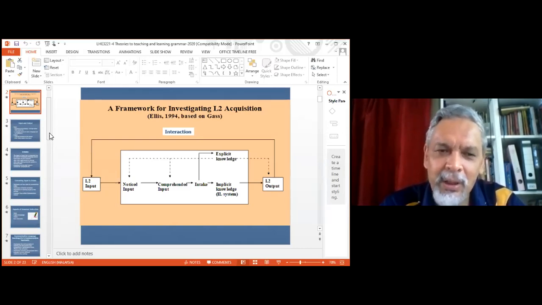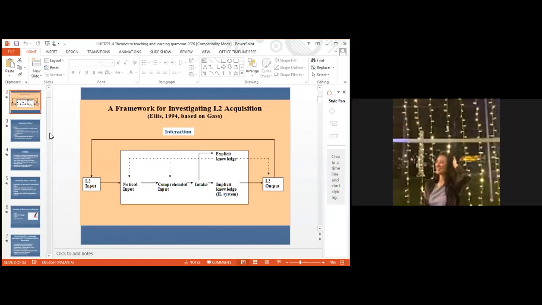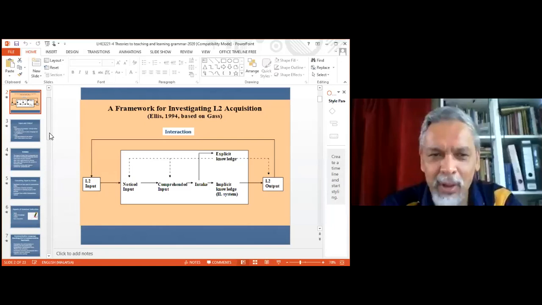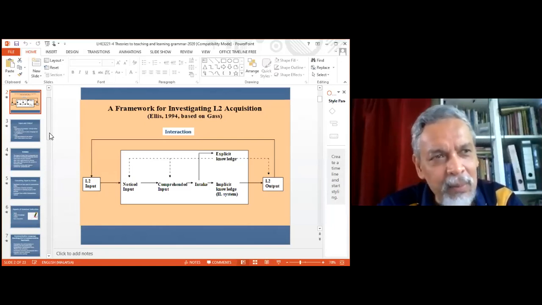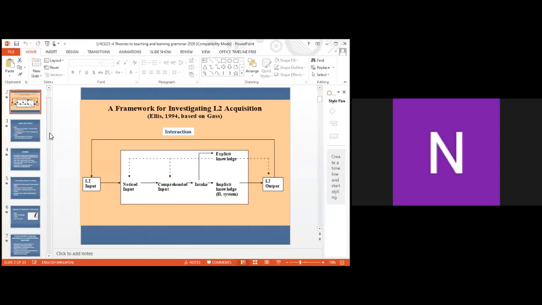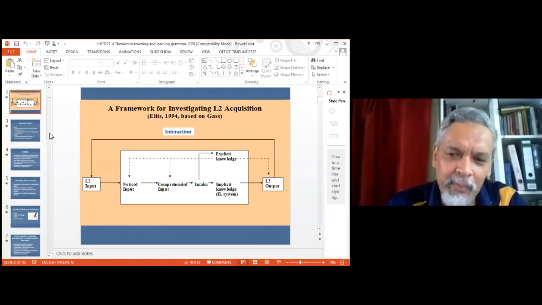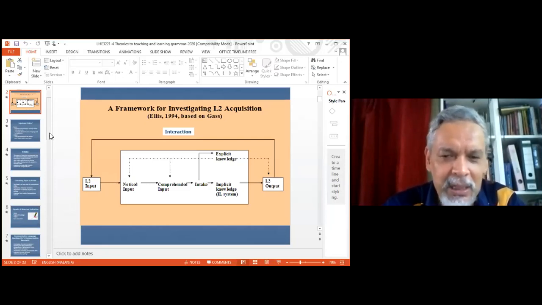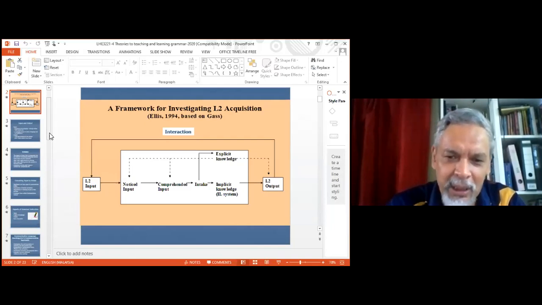So the system that you develop may not be so accurate, but you have to make sense of the language, right? You may think initially maybe past tense is ed for all the words. So that's your system. As you get more exposure to the language, you will realize that some words use ed, some words are irregular verbs, and they use other forms.